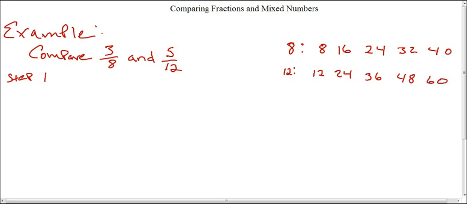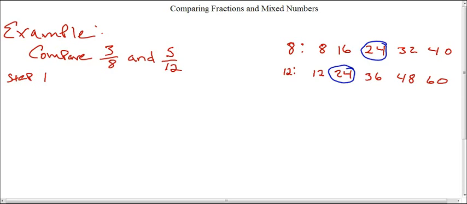Well, if we look closely right here, we will see that 8 has a multiple of 24 as well as 12, and this will be our least common multiple and also our least common denominator.